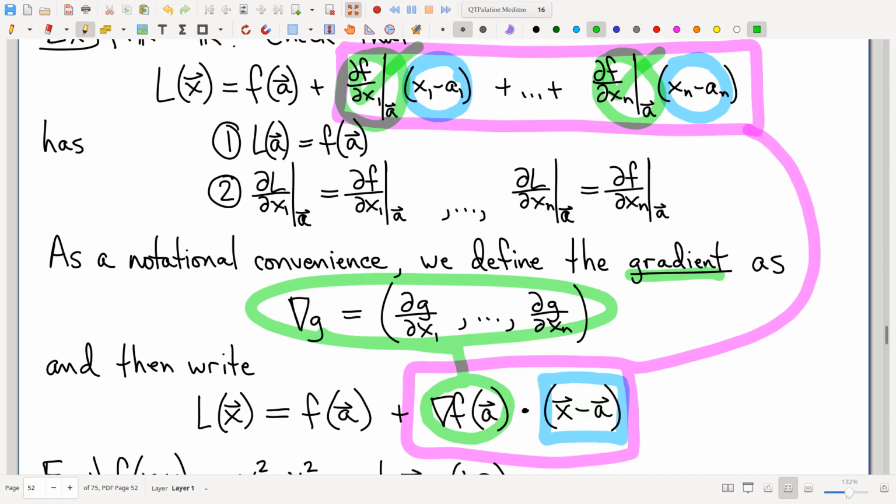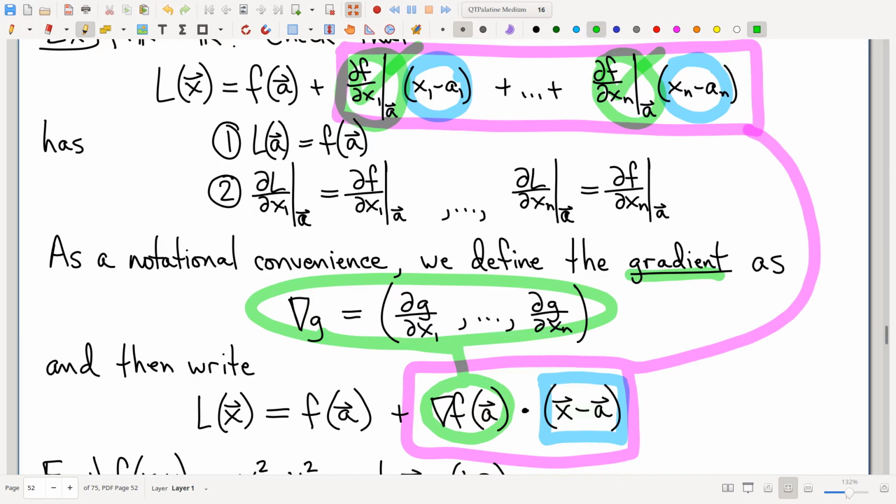But look how nice, right? It takes this big, long expression that has a dot, dot, dot in it, and rewrites it as a very compact, nothing but a dot product. And I'm going to say a natural dot product in the sense that it's a dot product with a vector that we were already interested in. x minus a makes sense. That's right there in our picture. Right? Again, displacement.